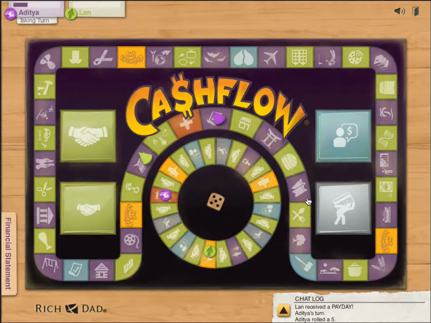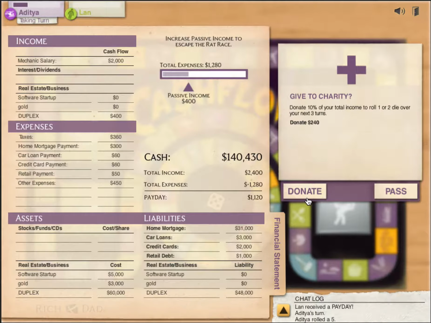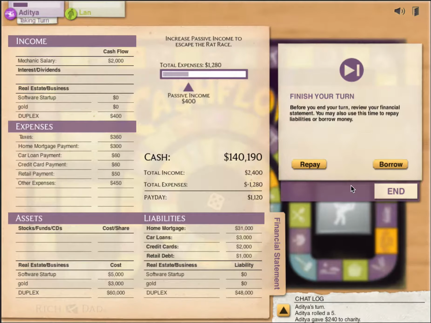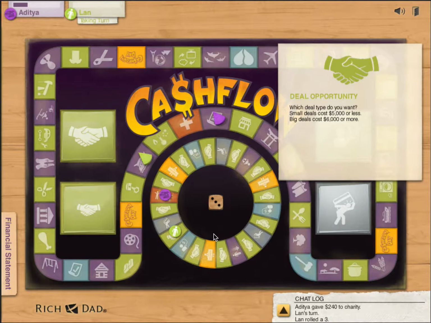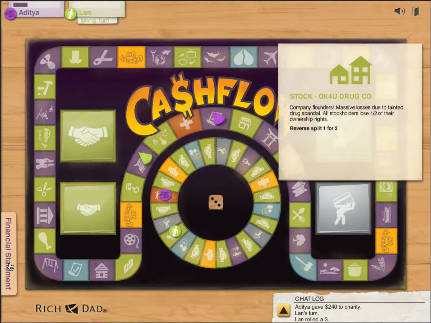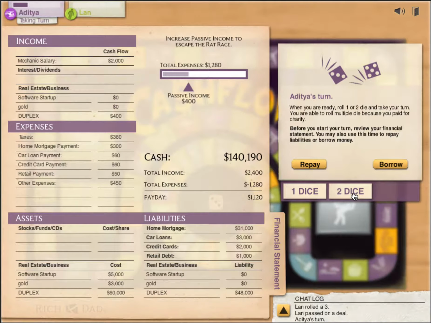So now, alright, we're going to go ahead and donate. Why not? It gives us extra rolls if we donate money. We can pass more paydays, even though our payday is only 720 and we don't really care about the money that much at this point, since we have sufficient cash. But we're going to roll 2.